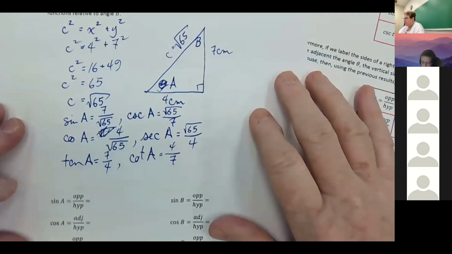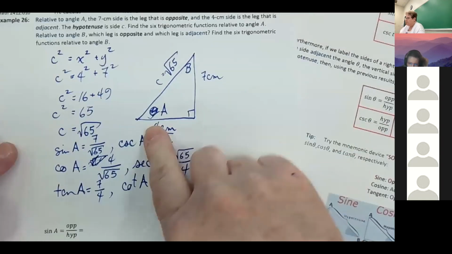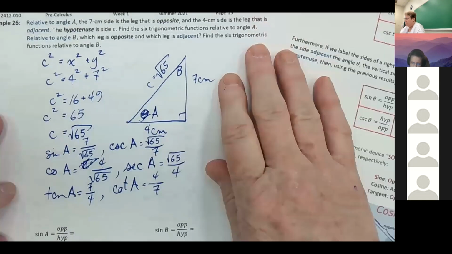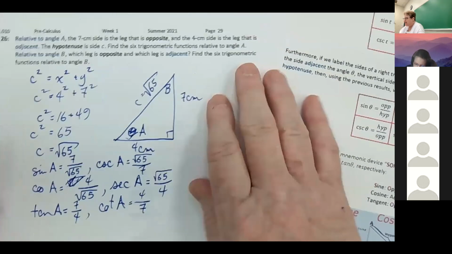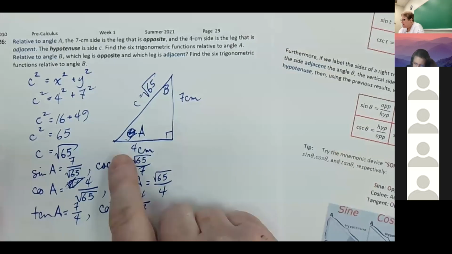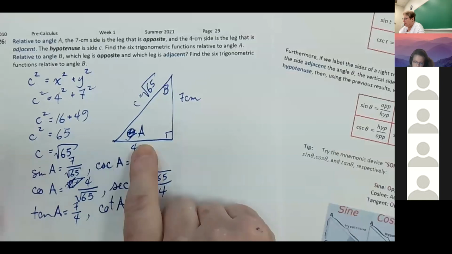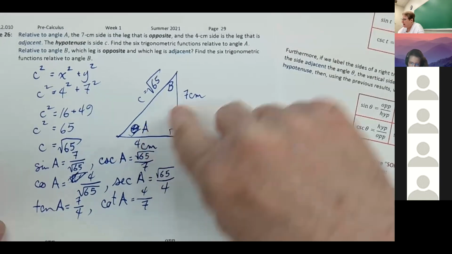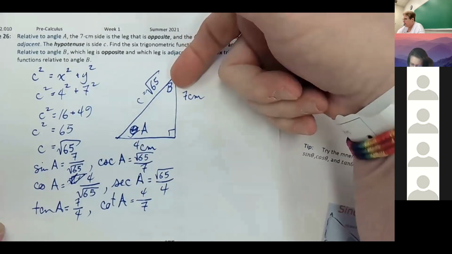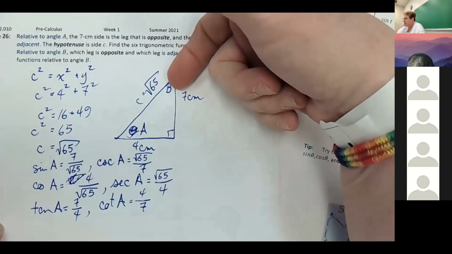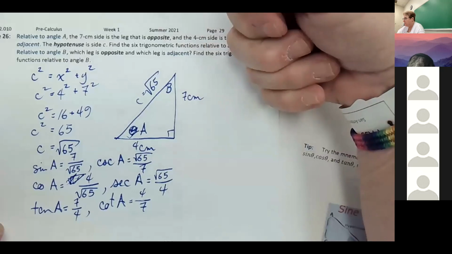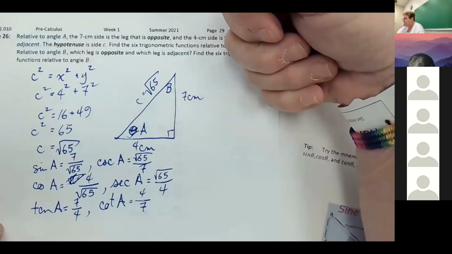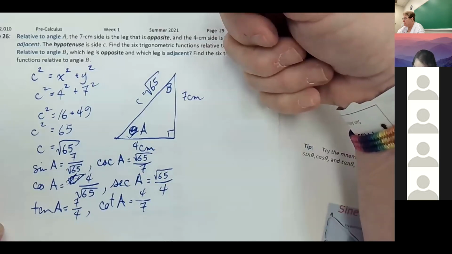Okay, now I want you to do something fun. We did opposite, adjacent, and hypotenuse with respect to angle A. Let's not redraw the triangle, but let's think about angle B. What side is adjacent to angle B? Which side?